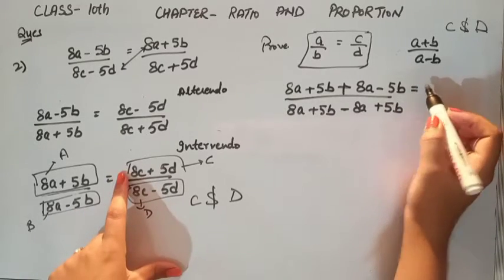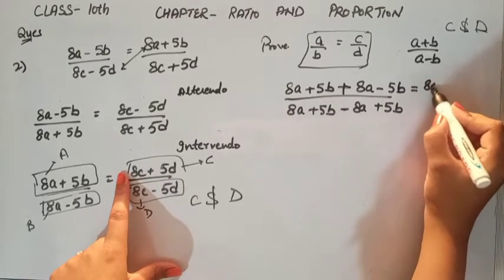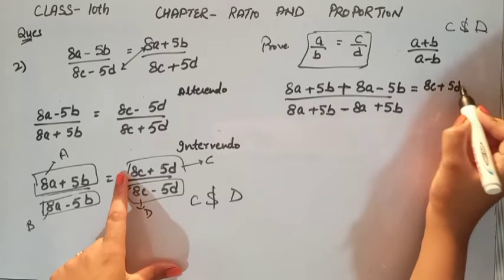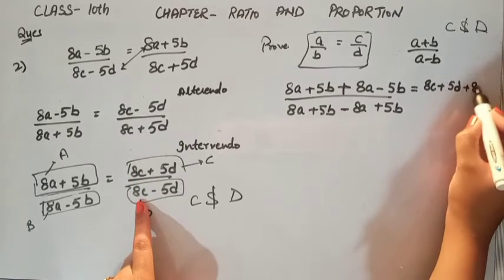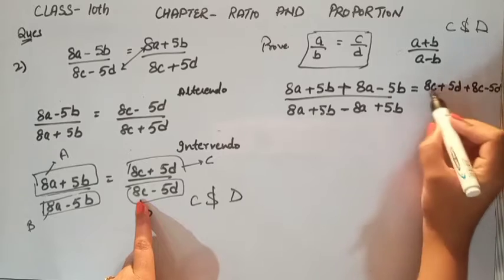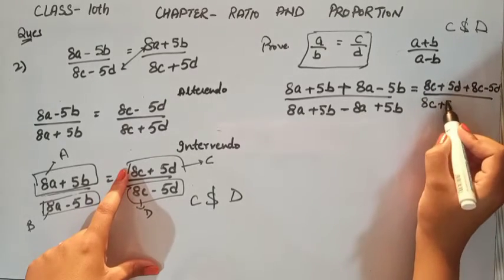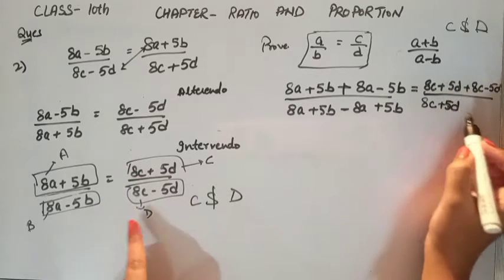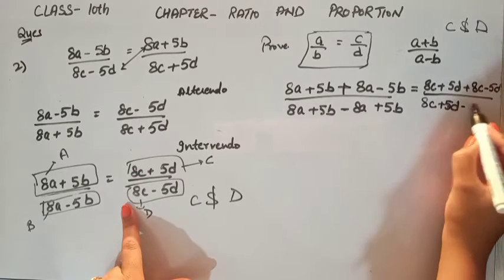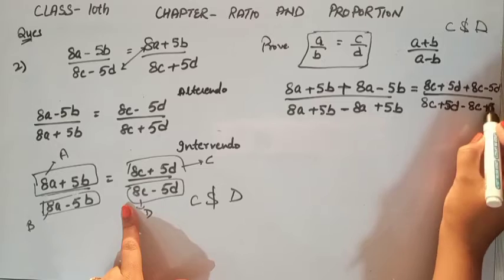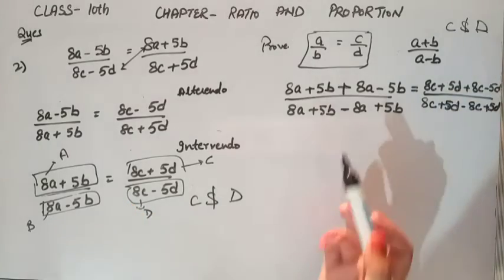This equals 8C plus 5D plus 8C minus 5D, upon 8C plus 5D minus 8C minus 5D. Minus and minus will change into plus.